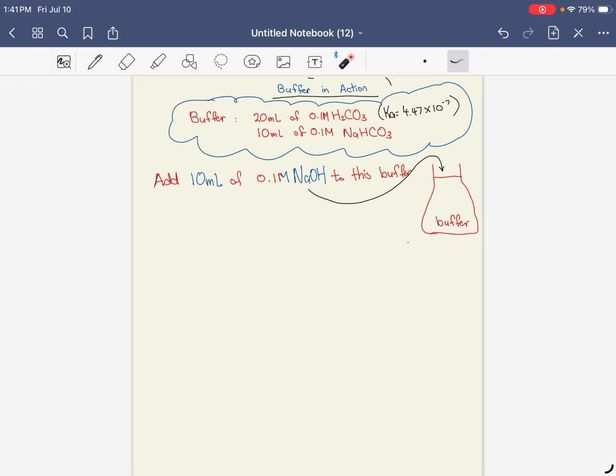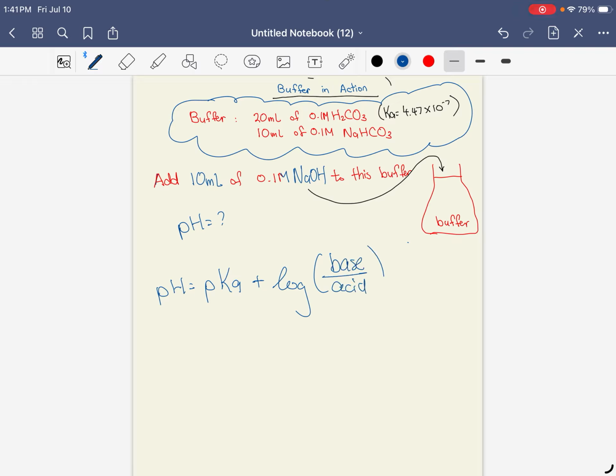Okay. So again, same idea. In this case, what is the pH when I add all of these things together? All right, Mr. Henderson Hasselbalch, show me your face. pH is equal to pKa plus log of base divided by acid.